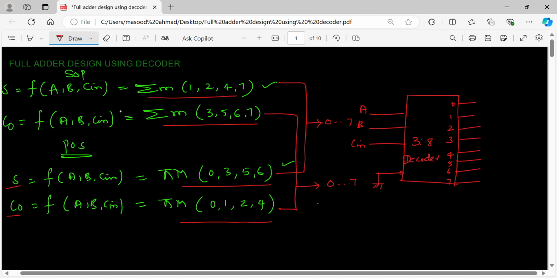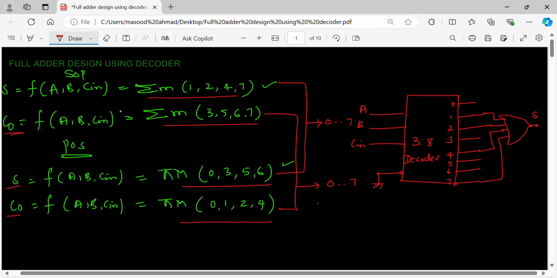Then I am trying to implement sum. For sum, what is required? 1, 2, 4, 7. So you take 1, 2, 4, then you take 7. For this, I will take an OR gate and connect them to the OR gate. So what I will get is sum. But I want carry out. If you want carry out, what I need to do?